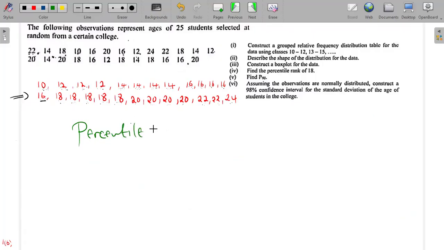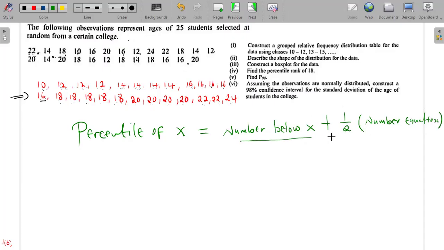The percentile rank of X is equal to the number of values below X, plus half multiplied by the number equal to X, and then I divide all this by N, which is the sample size, and then multiply this by 100. I don't have space here, but I multiply by 100.